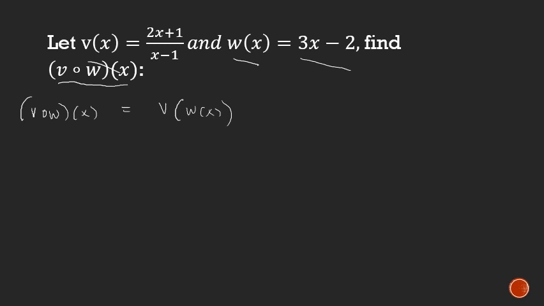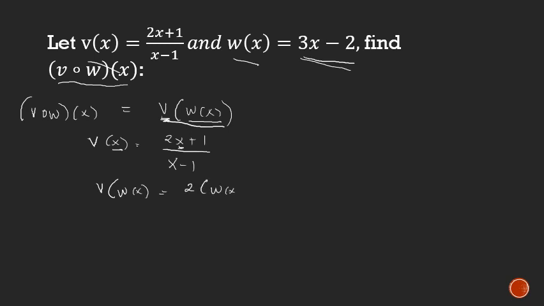In this expression, the value of x in the v of x will be the w of x, the 3x minus 2. That means that the x will be the w of x.